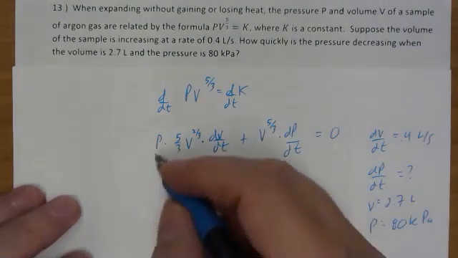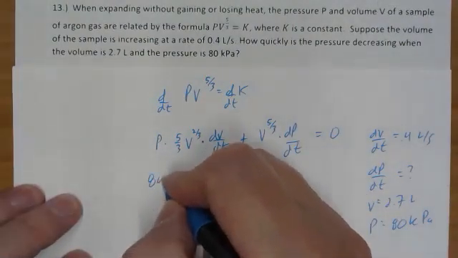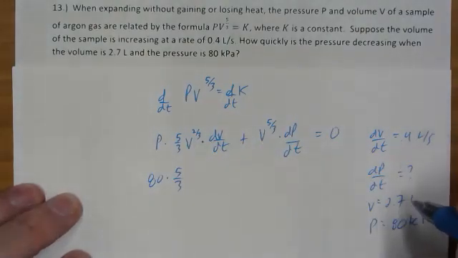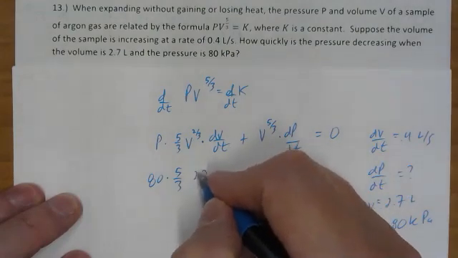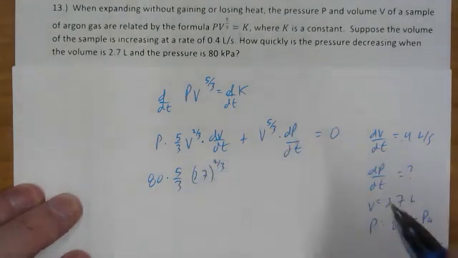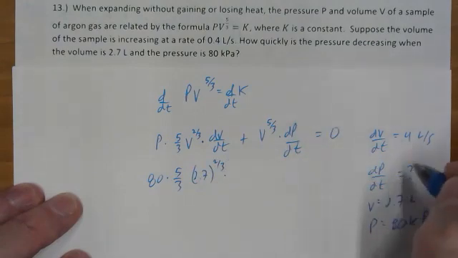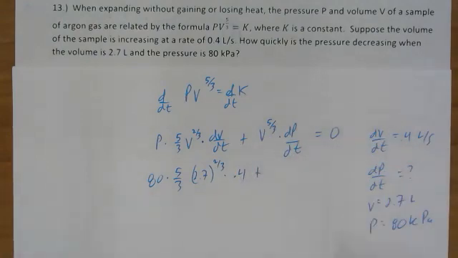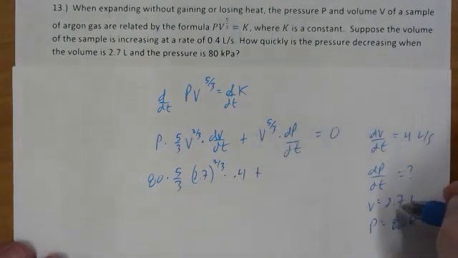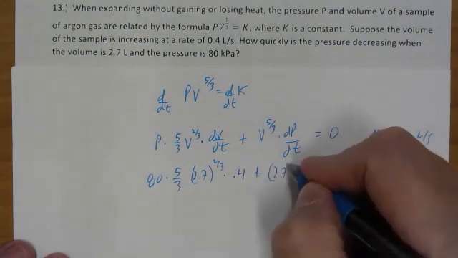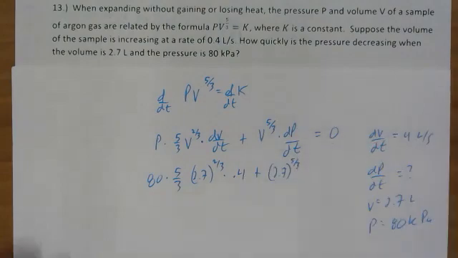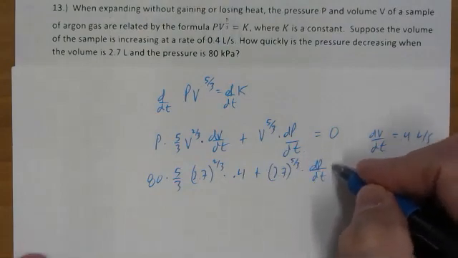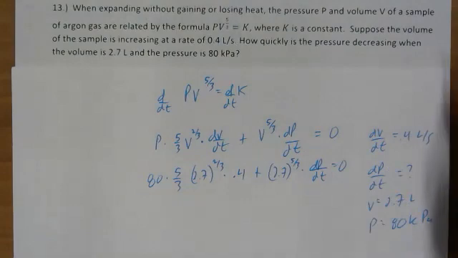So let's just plug in these numbers. P is 80 times 5/3 V to the 2/3, dV/dt is 0.4, plus V to the 5/3, which is 2.7 to the 5/3, times dP/dt, which we're going to solve for.